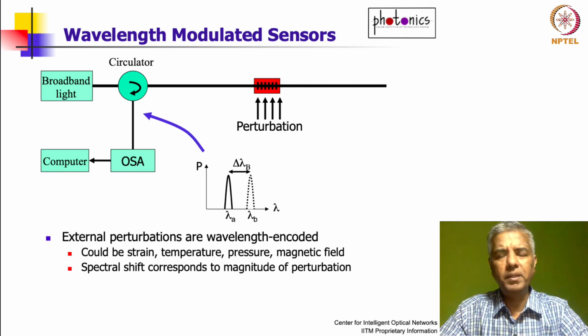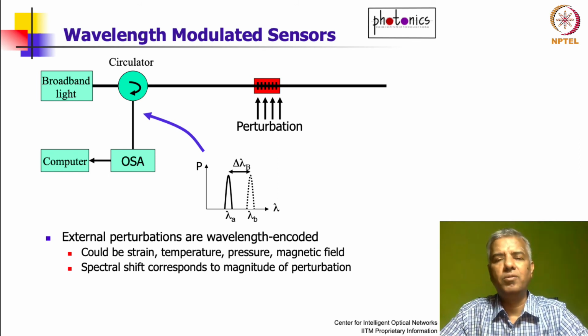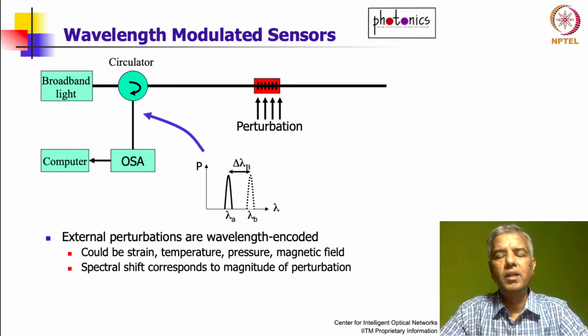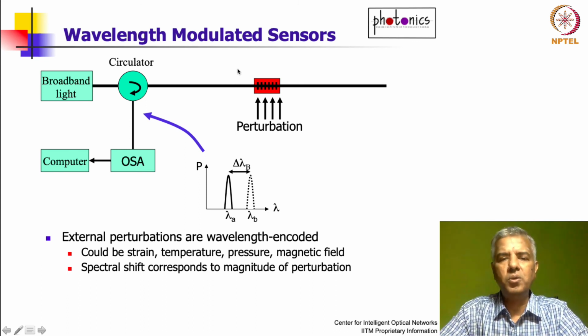Then it will physically change the period, but it will also, through what is called the strain-optic effect, change the refractive index of the fiber as well. So both of these contribute to a change in the Bragg wavelength.